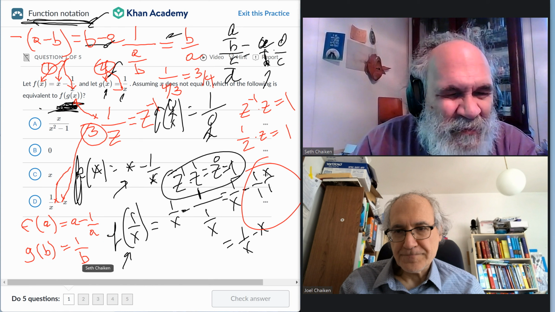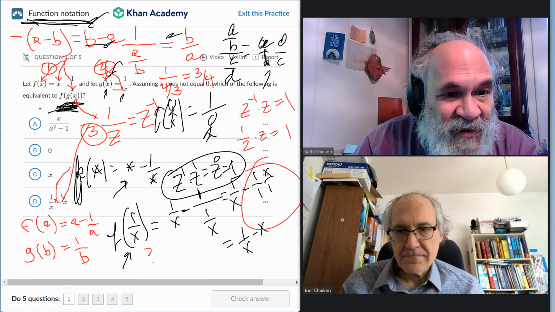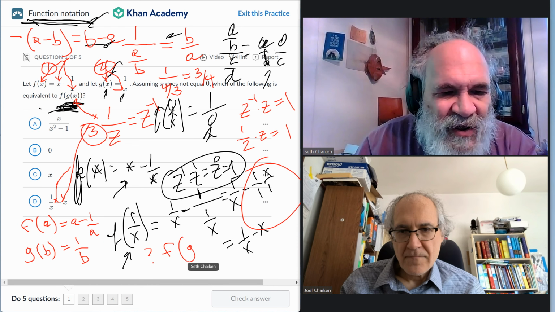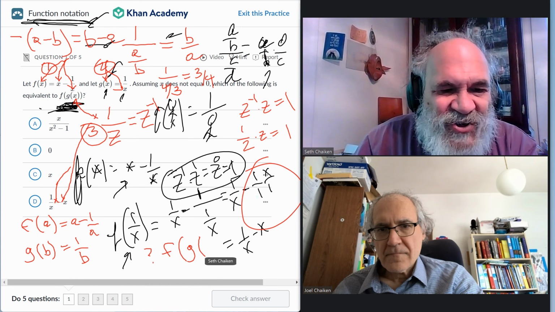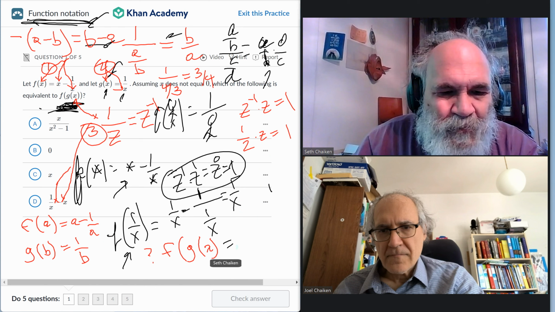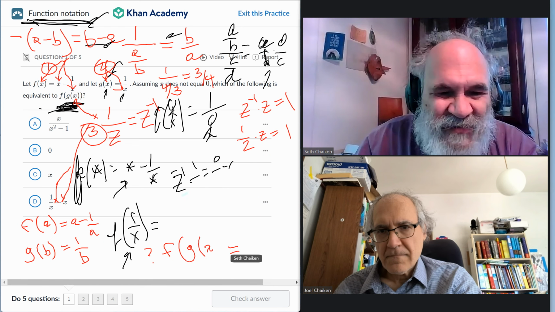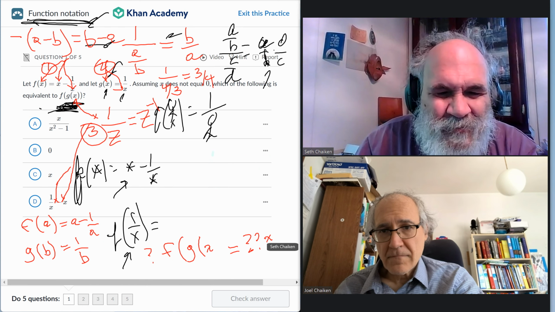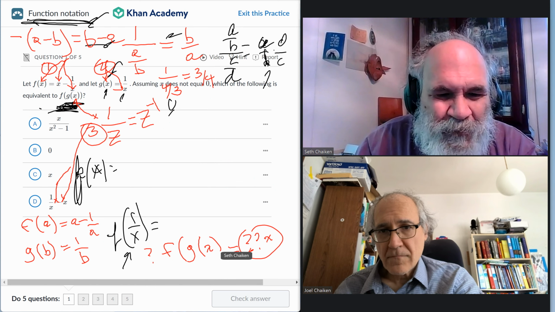The problem is to write a formula for the function f composed with, or applied to, the value of function g when g is applied to x. That's some expression that has an x in it. Which one is it?